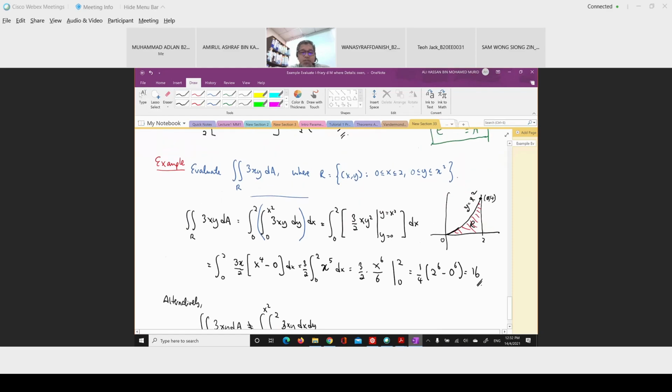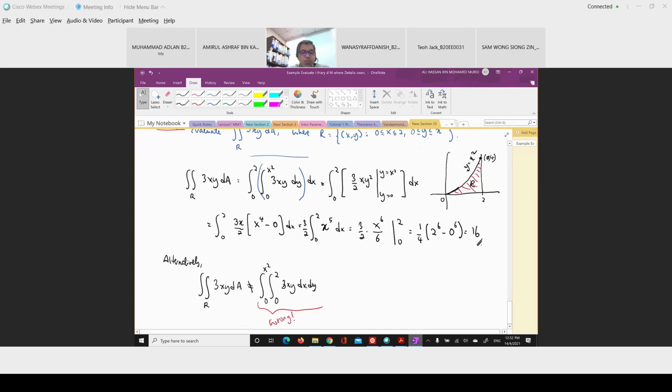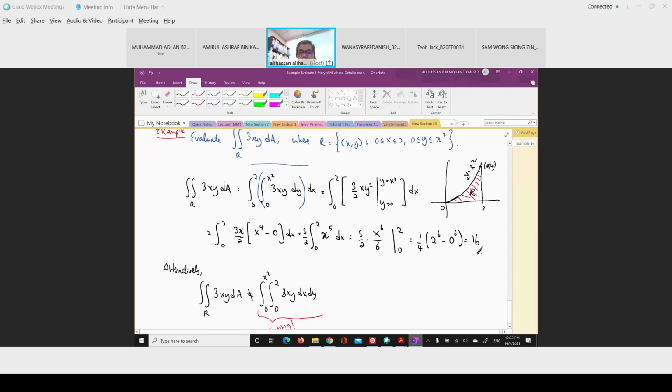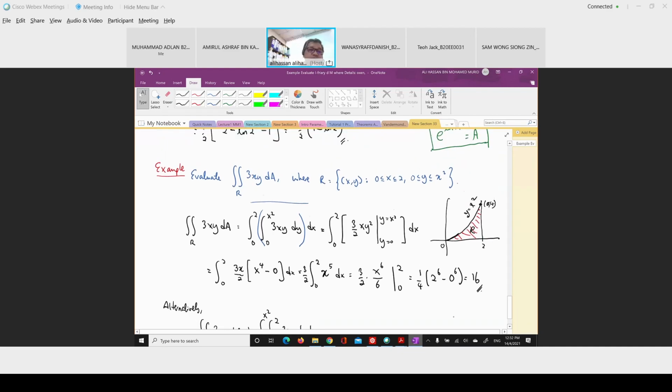But if I want to change the order of integration to dx dy, we must find the limits in the right way. For example, this vertical line is x equal to 2, but x is equal to what? x is equal to square root y here, right?